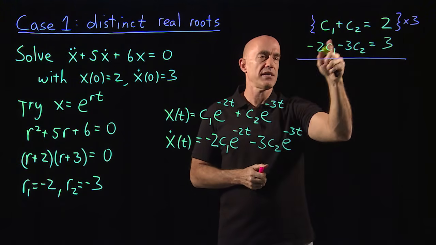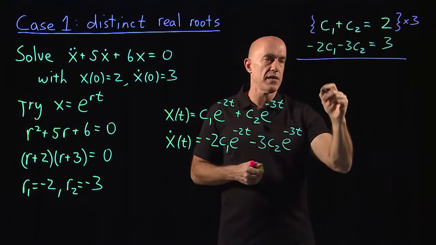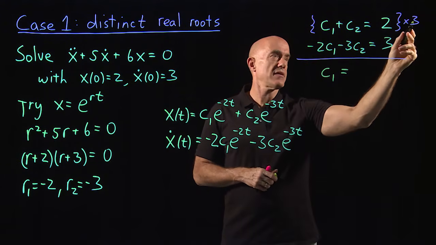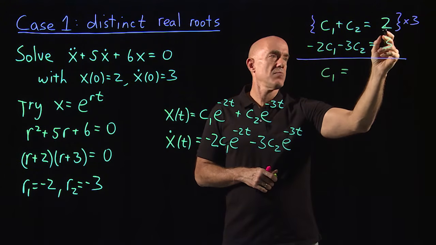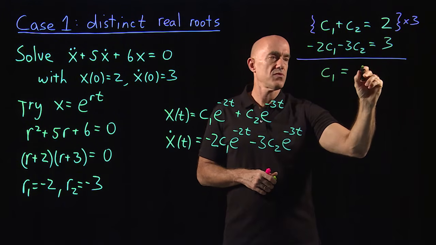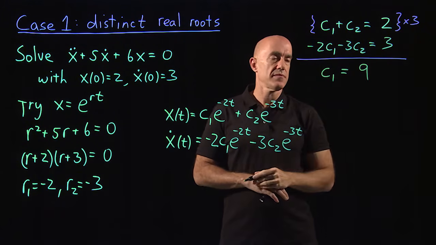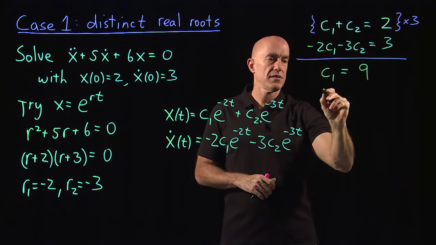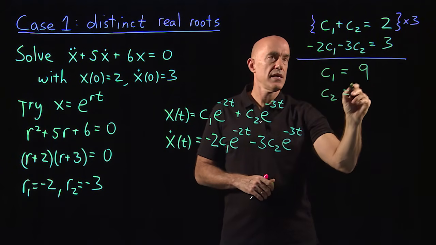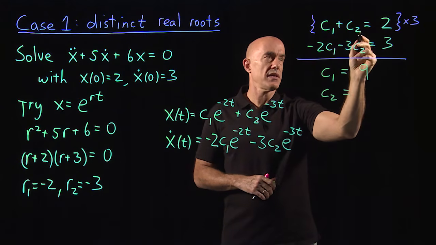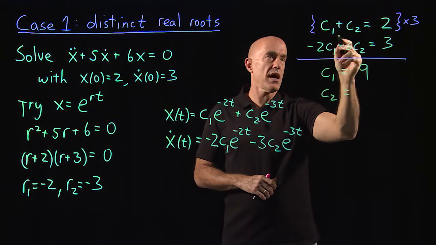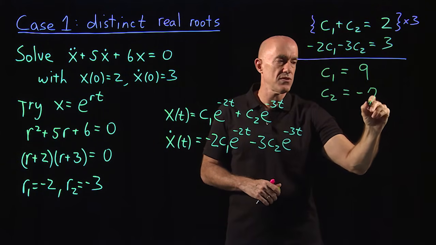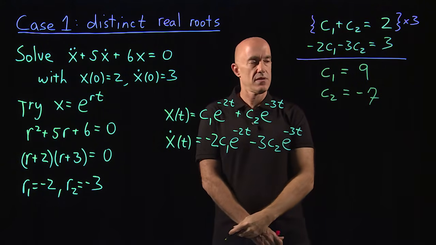We get 3c1 minus 2c1, which gives us c1. And then we get 6 plus 3, which will give us 9. Okay? So c1 is 9. c2 then is 9 plus what equals 2. 9 plus negative 7 equals 2. So c2 is negative 7.